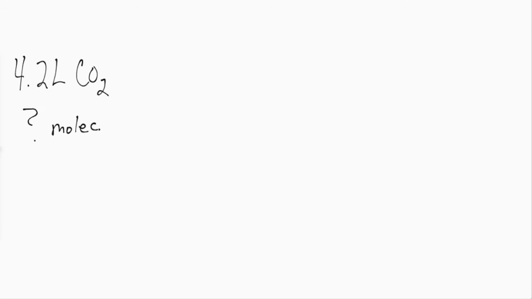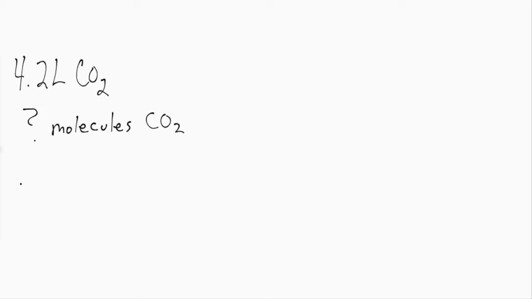How many molecules is in 4.2 liters carbon dioxide gas? How many molecules of carbon dioxide would occupy 4.2 liters of carbon dioxide gas at standard temperature and pressure? That just means we use the molar volume of a gas, which is 22.4 liters per mole of gas. All right, so let's get started.